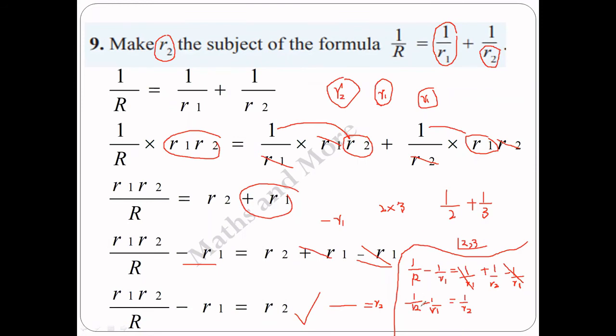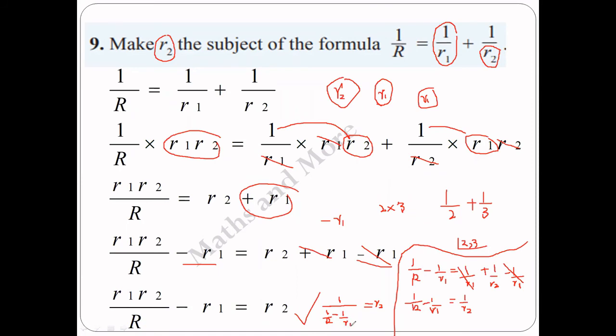But when you take the reciprocal here, there are two terms subtracted. So you can't write it as R minus R1. That is wrong because there are two terms. All the terms go to the denominator, with 1 as the numerator. So you can write 1 over R minus 1 over R1.